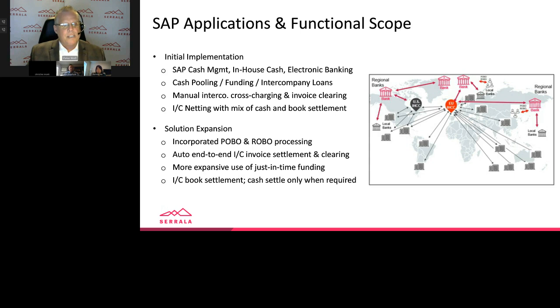The other thing was initially, when the solution was implemented, the intercompany settlement process was a largely manual process. Even when we went to SAP, what would happen is each entity pair, affiliate pair, would identify their intercompany balance in total per currency. Then it would be put into a spreadsheet and loaded into the in-house banking solution in summary form.